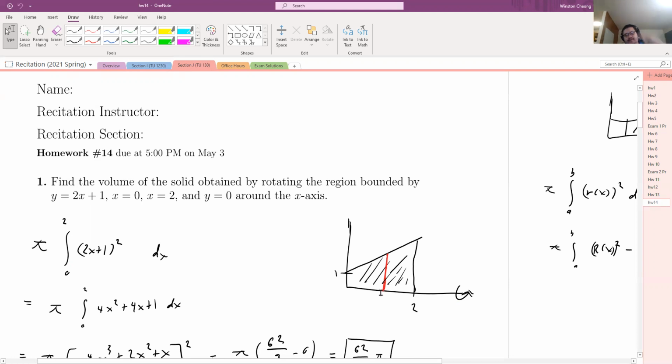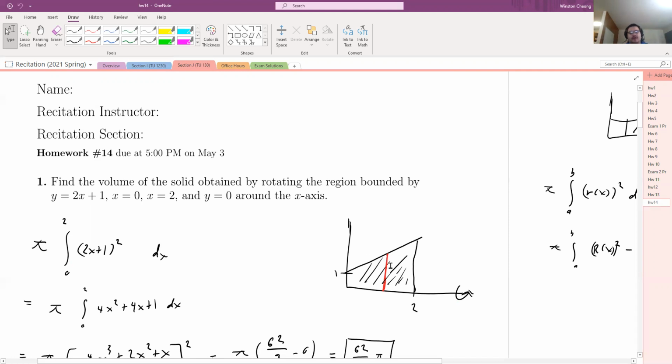Notice that if the red segment is laid flat like that, then it's as though we're integrating with respect to y instead, because the thing is going to vary with respect to y. From 0 to 1, the lower function is just x equals 0, but after 1, it ends up being this line.